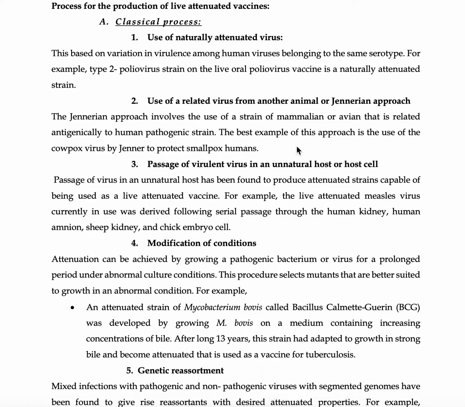He wanted to protect humans against smallpox, that means induce immunity against smallpox in humans, but as a vaccine he didn't use smallpox. Rather, he used a related virus, the cowpox virus, which doesn't cause disease in humans but can induce immunity, which protects the human against smallpox infection.